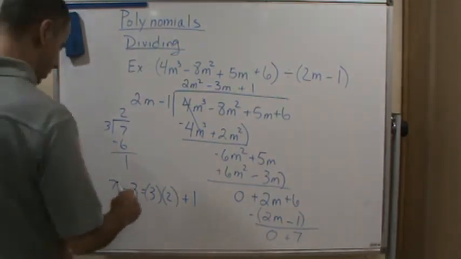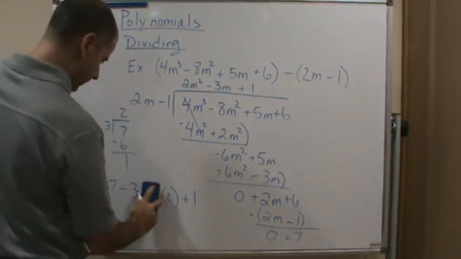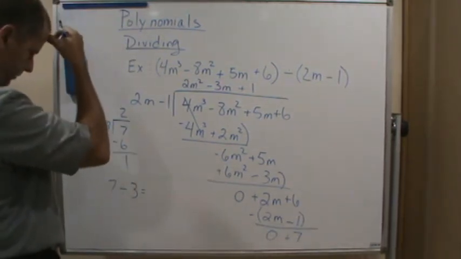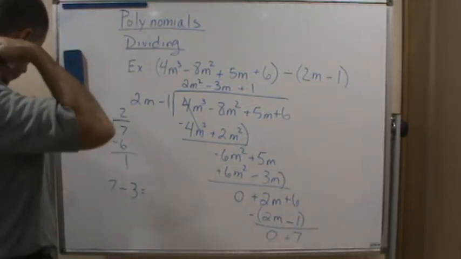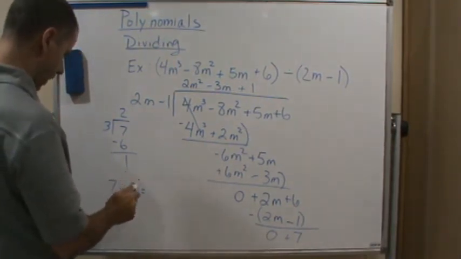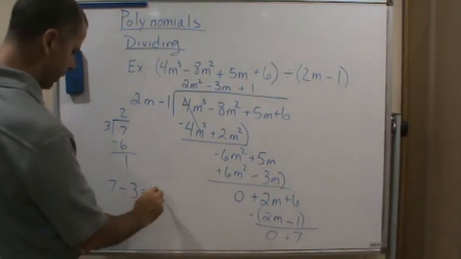Or, do I want to do it that way? No, that's not the way I want to do it. 7 divided by 3 will give me what?